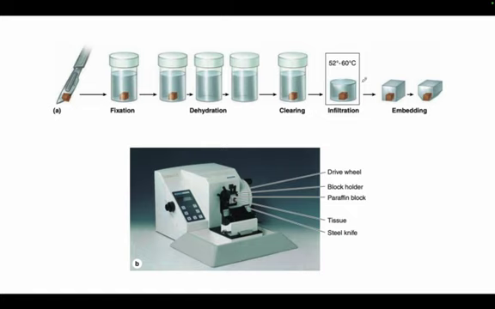Then we have to encase it within our resin. So here at the end we have our sample embedded within our resin. And then we can use this instrument, called a microtome. Our block will be held over here, and there's a very thin, very sharp blade which is going to come and cut our sample.